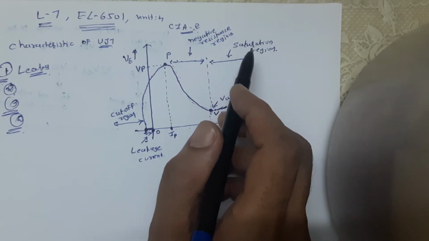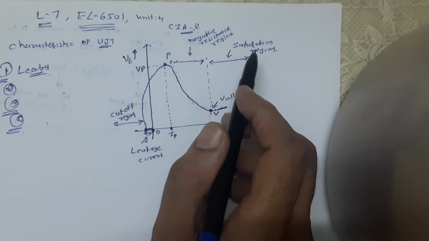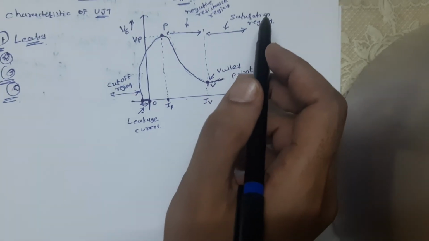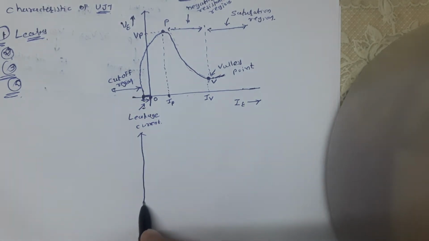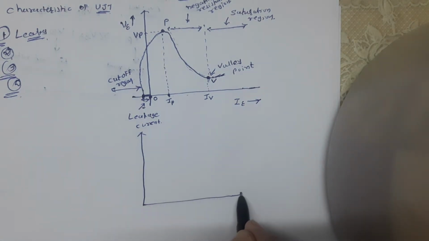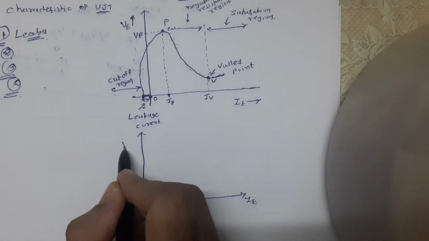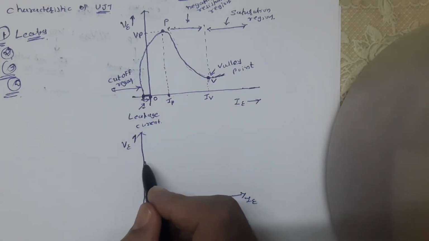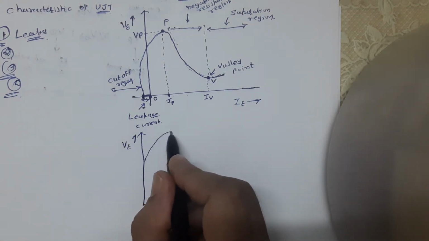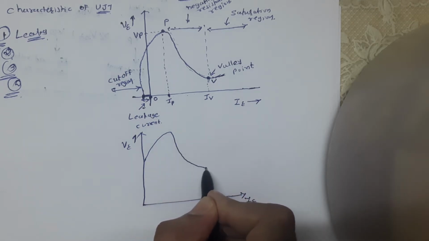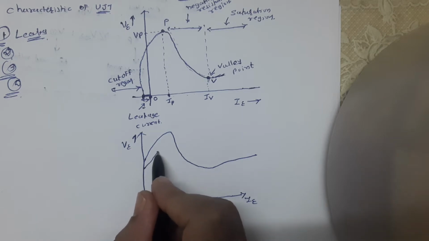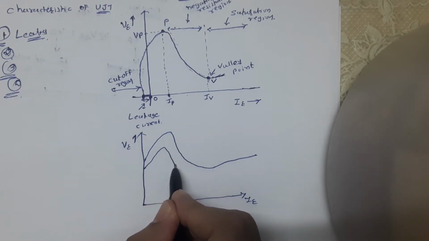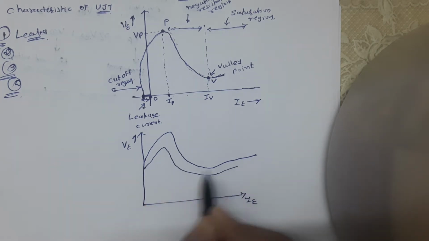This is the second way we can discuss the same figure. This is our VE, this is our IE. We are getting this type of peak, and then this type of peak, and it moves like this.